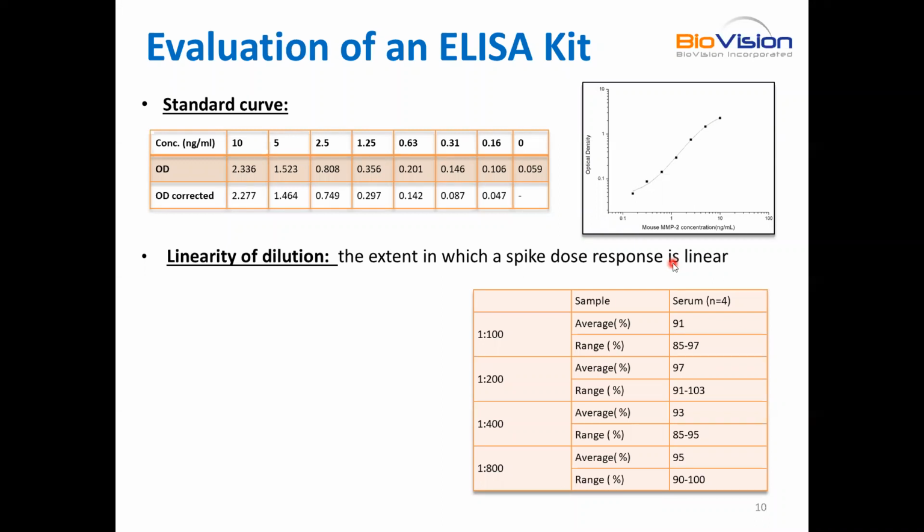Generally, these results are expressed as a percentage. As you can see here, the samples are spiked and then diluted, and the average recovery is almost linear, or within the range. That means the higher the recovery, the better the performance of the ELISA kit.